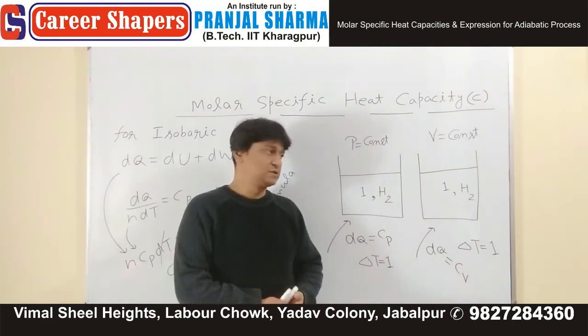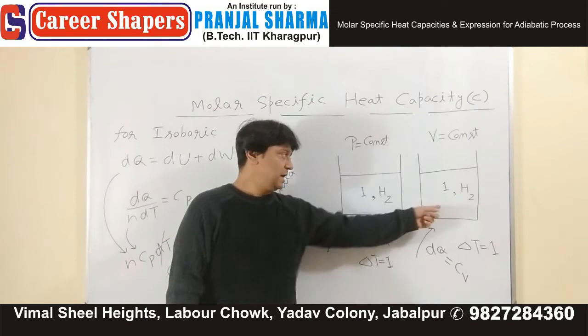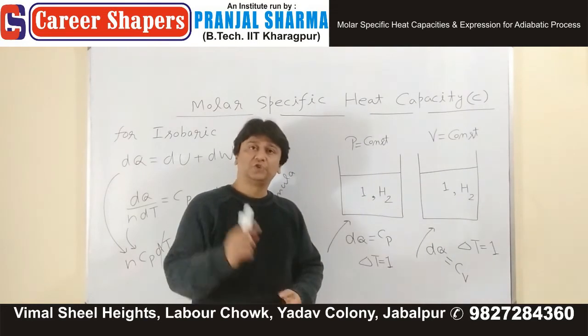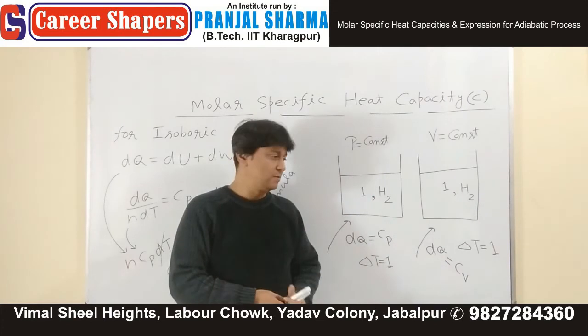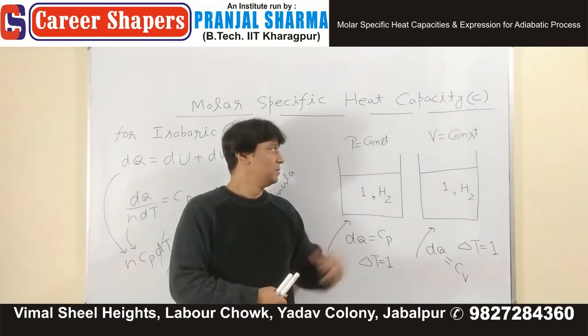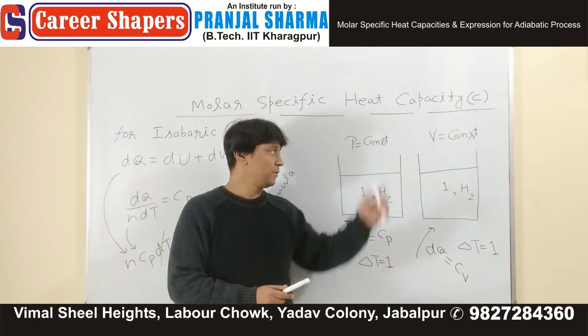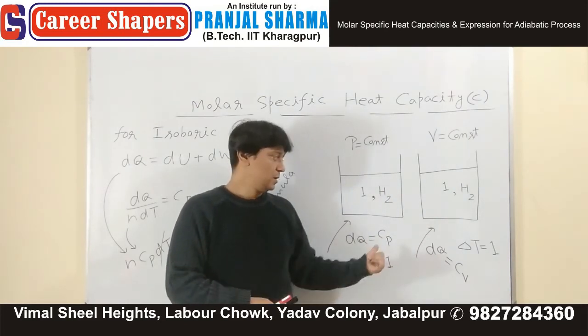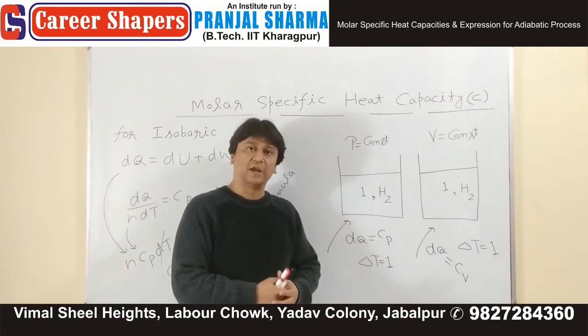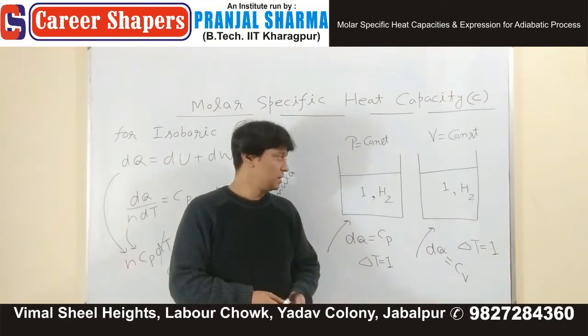Tell me first, in which setup will the change in internal energy be more? Write down fast in the comment box. For the isobaric container or for the isochoric container, for which container there will be more change in the internal energy?